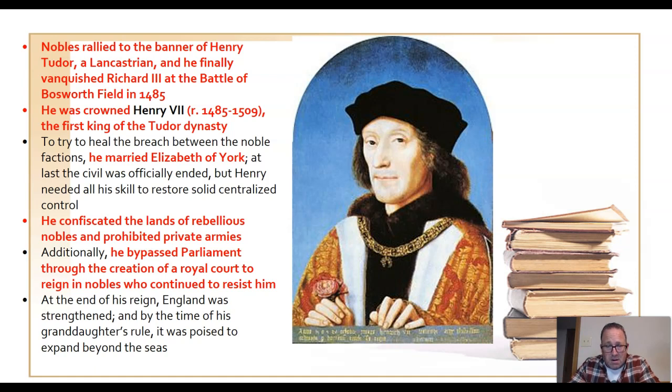And that second daughter becomes one of the most popular and powerful and successful monarchs of all English history, and her name is Elizabeth I. Got that? Anyway, what Henry VII is able to do is bring peace and stability, and then eventually he begins the process of consolidating power the same way that the French had done.